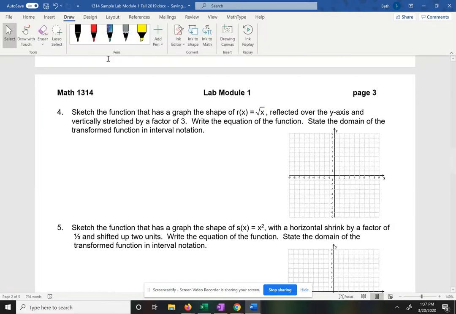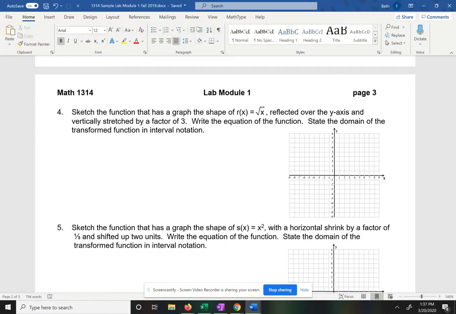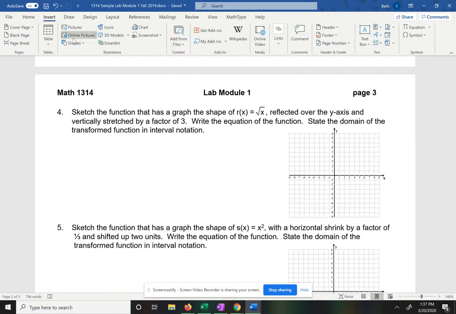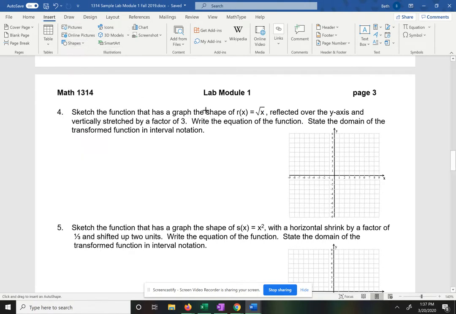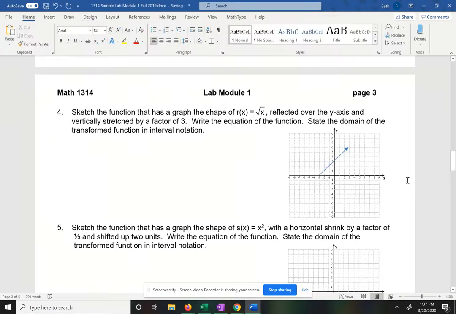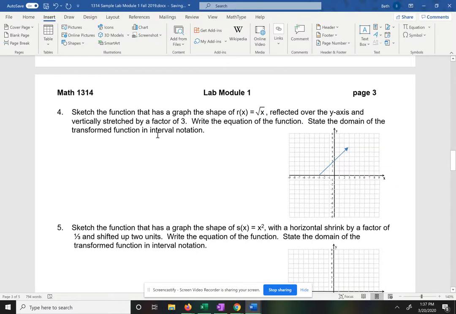So my suggestion, if it's straight lines, you can insert, and then they have shapes, and you could do something like this. So you could insert that, and that works really well if it is a straight line. If it's not a straight line, then you're going to need to get creative.